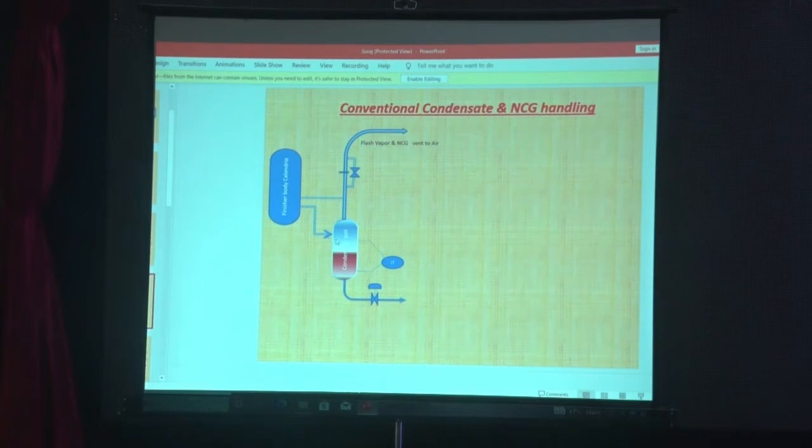If you see, this is the open area. Not only the condensate will come, steam will also come in this area, and steam will get vented. From pot to pot, the same system is there in most of the designs. So ultimately what is happening? When this type of system is there, vapor is short circuited to the next body.